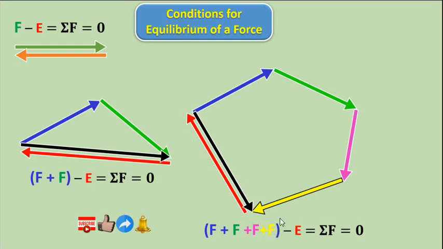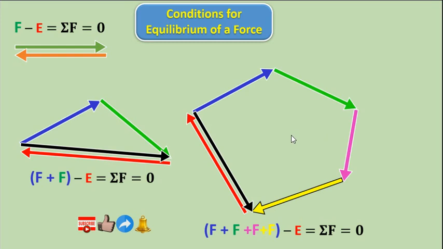So if I add all the four forces, 1, 2, 3, 4, giving us the resultant force, the black, and then I add that to the equilibrant acting in the opposite direction to the resultant, I also arrive at the resultant force being 0. That means the equilibrant is a single force that balances these four forces to keep this system in equilibrium.